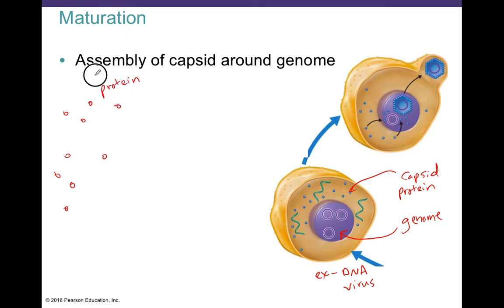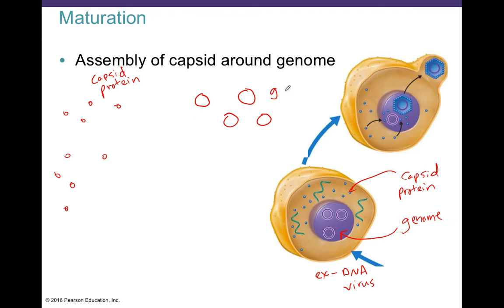Specifically, this is going to be the capsid protein. Remember, the capsid assembles around the genome. And then you also have lots of copies of the genome. Again, we'll use our DNA example here where it's circular, but the same thing would apply.